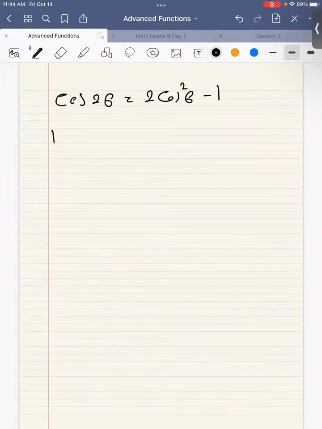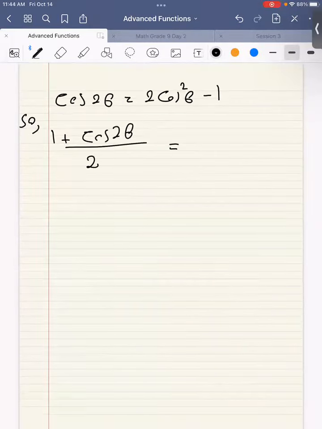So that means 1 plus cos of 2 theta over 2 is equal to what? Cosine square of theta.